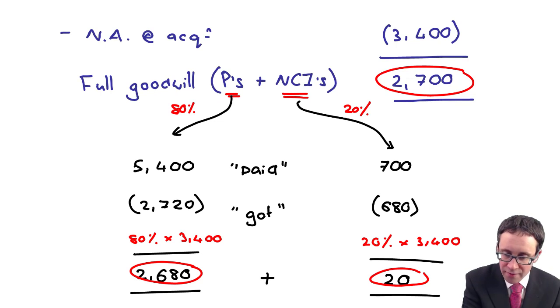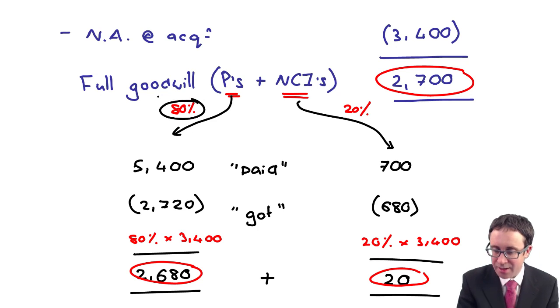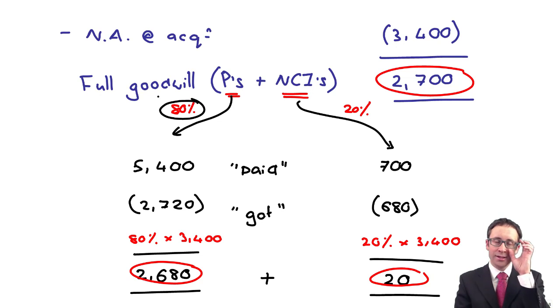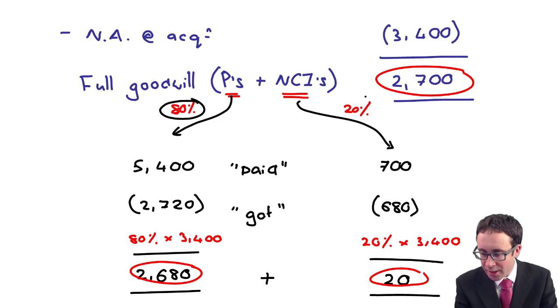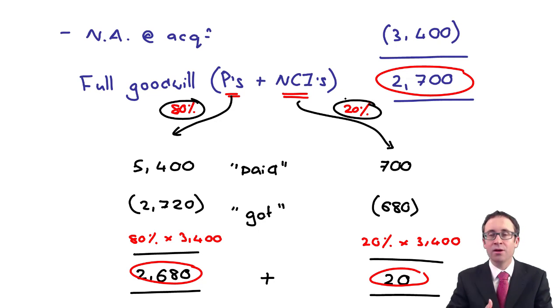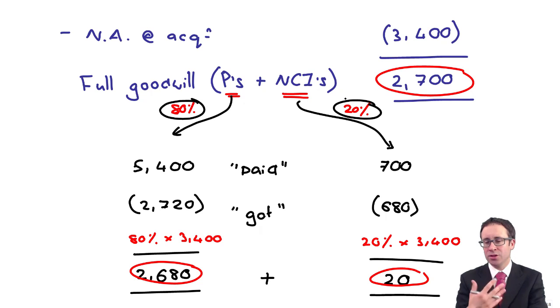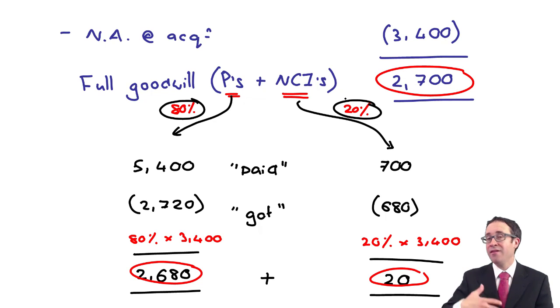So the parent share of any impairment would be 80% within the group retained earnings, and then any of the non-controlling interest share, so 20%, will go to the non-controlling interest working. Okay, so I think that's just a useful bit of extra information that we can use that example for to help us in case there are any impairments that arise within any future questions that we may cover, or if anything that then comes up within the exam.